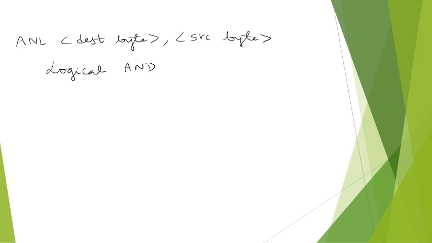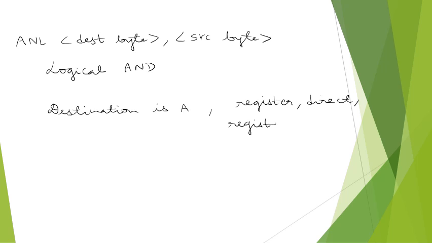So when the destination variable is accumulator, then the source byte or the source variable or operand can use register, direct, register indirect, and immediate addressing mode.